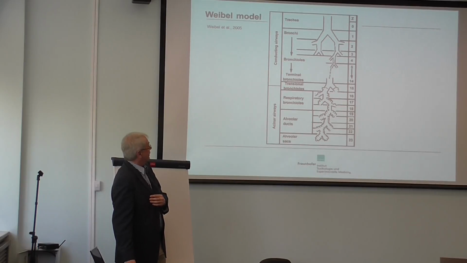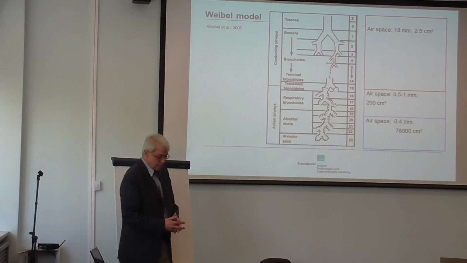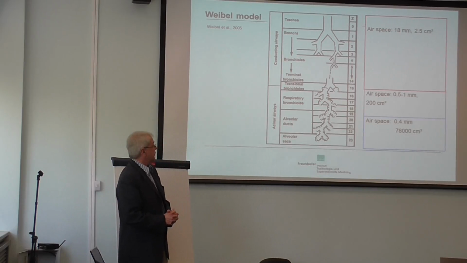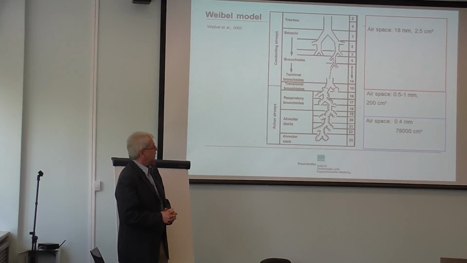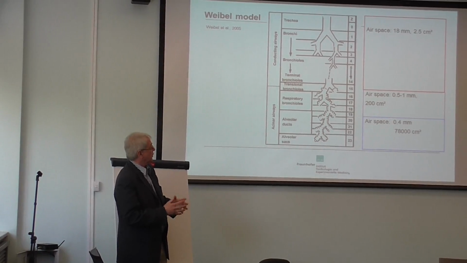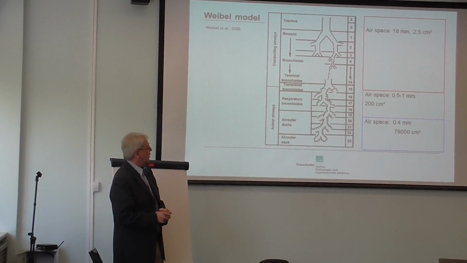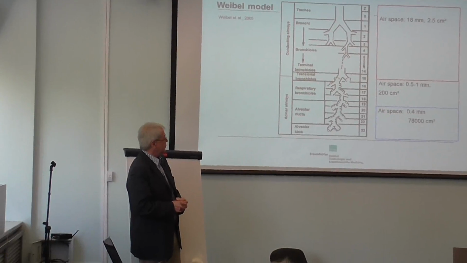Okay, so let me give some dimensions on these different lung sections. For example, the upper airways: the trachea starts with an inner diameter, it's a tube of 18 millimeters, and the cross section is about 2.5 square centimeters.